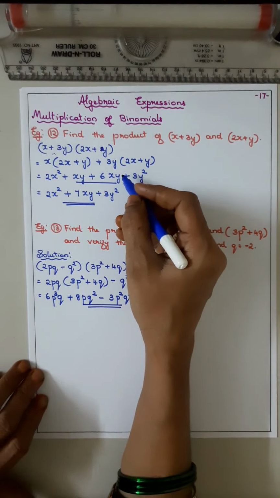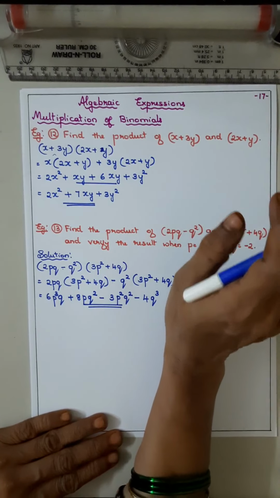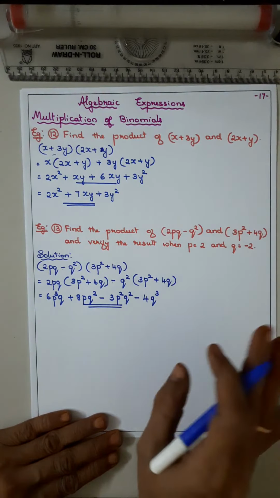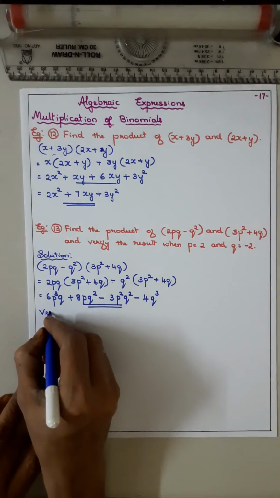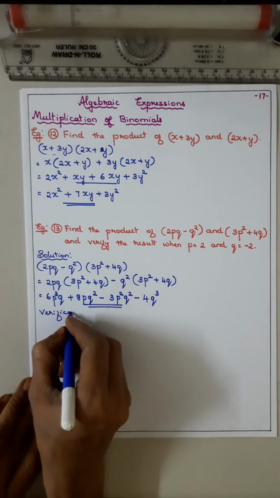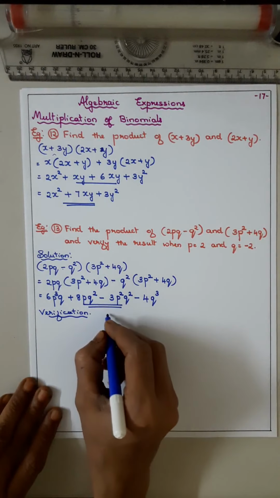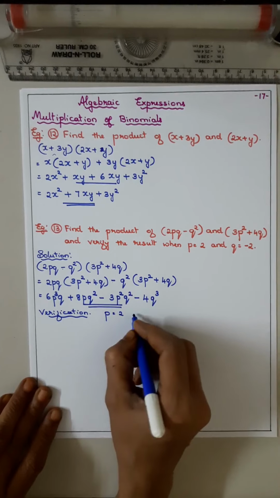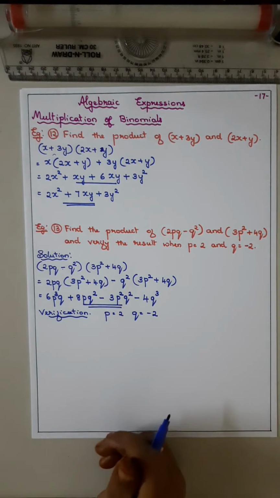Sometimes you get like terms, then you have to solve. Otherwise, directly, whatever answer you get, that one only you have to keep. Okay, now the verification. For verification, you will write LHS, RHS. p is equal to 2 and q is equal to minus 2.